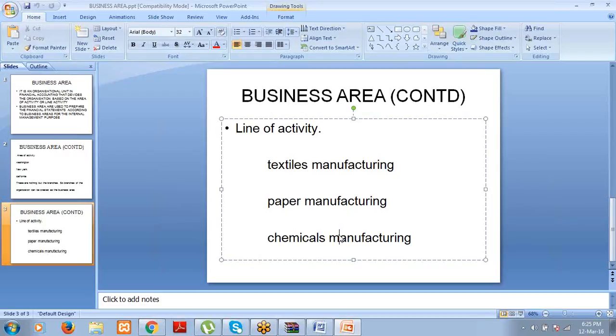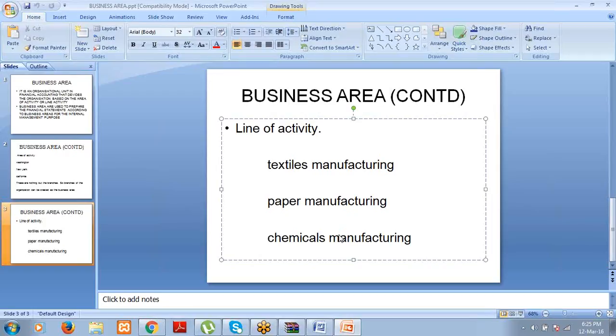In any country, there isn't any legal requirement to prepare and present the financial statements according to business areas. But if the management wants to know the profitability for each business area, then only we have to define the business areas. And we can define any number of business areas.